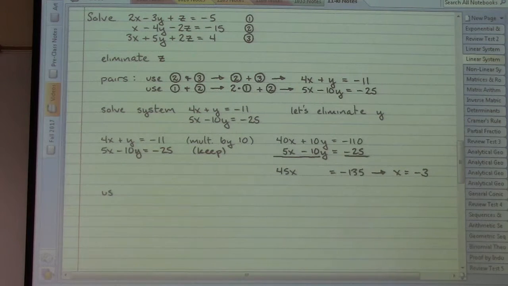But still using the 4x plus y equals negative 11 and 5x minus 10y equals negative 25, and the fact that we just figured out x should be equal to negative 3, we need to find y.